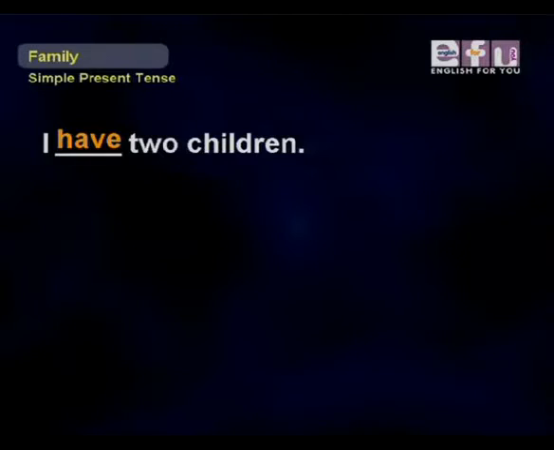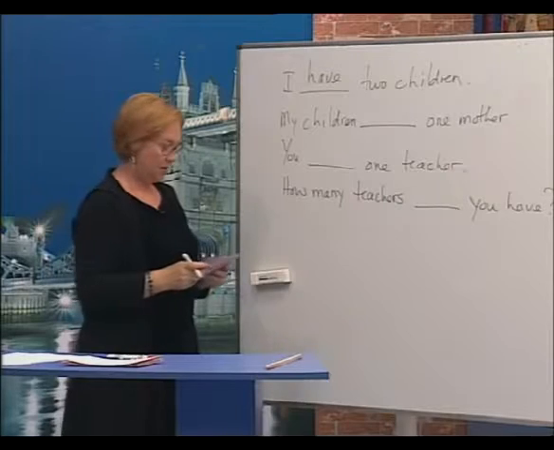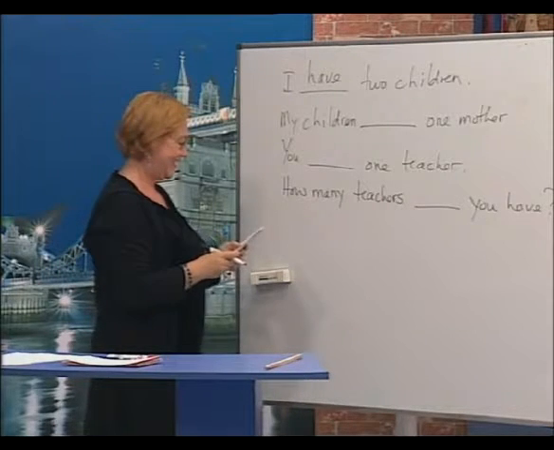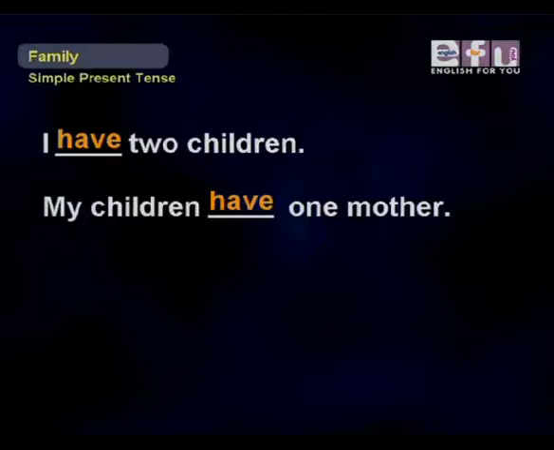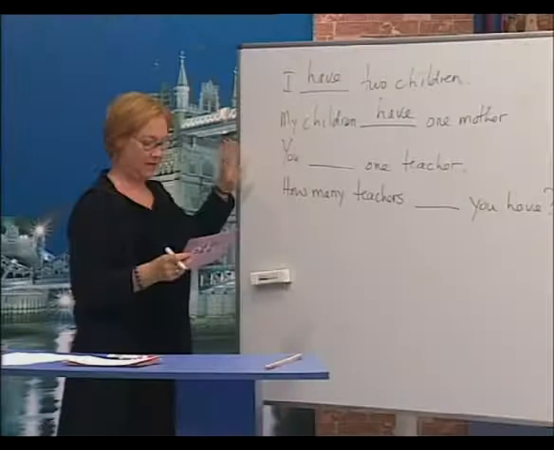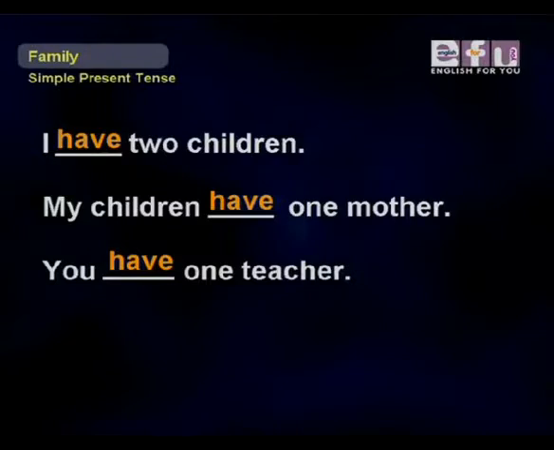Lisa. I have 2 children. Yes, I have 2 children. Really? Okay, Ali. My children have 1 mother. Oh, very good, Ali. Isabel. You have 1 teacher. Yes, you have 1 teacher.